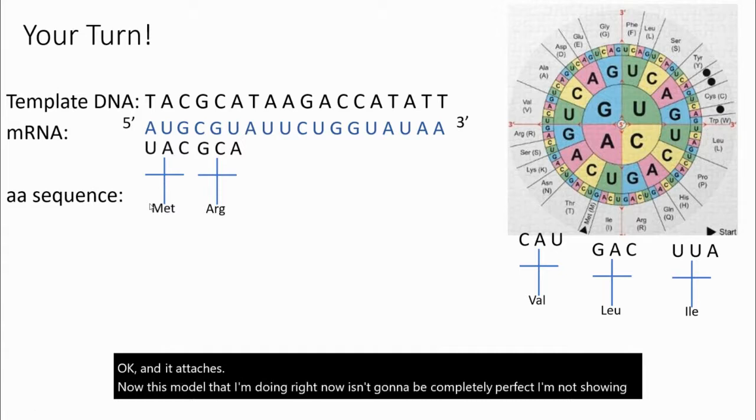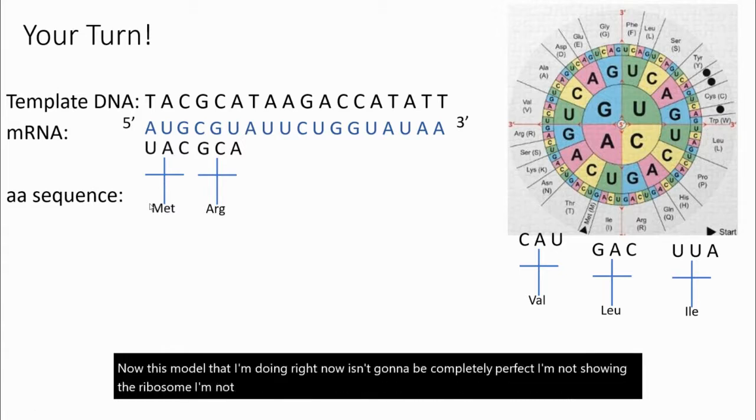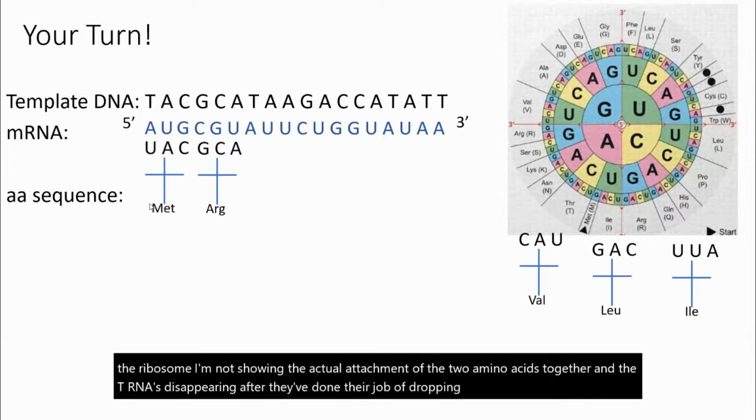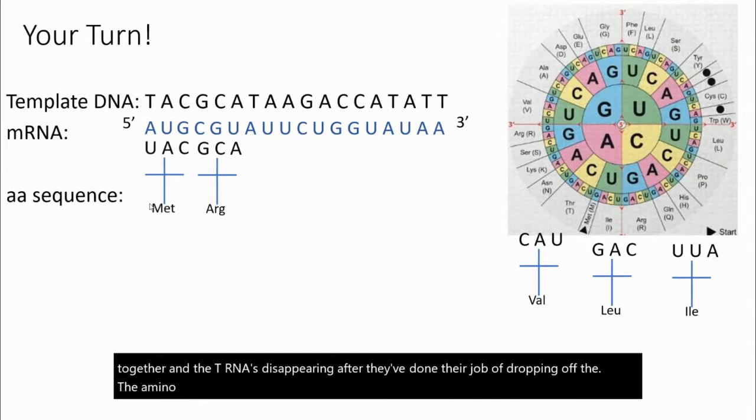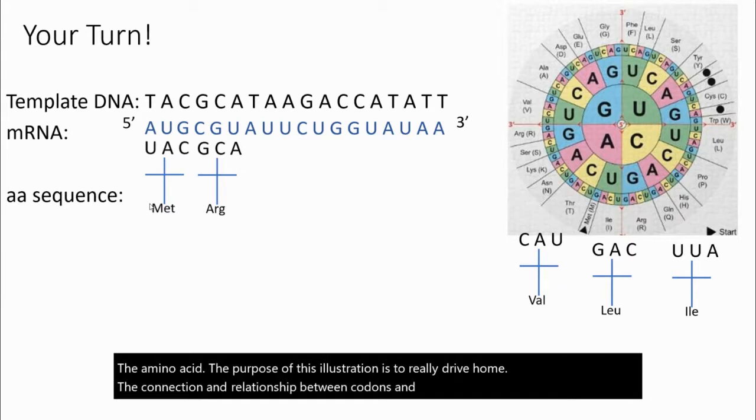I'm not showing the ribosome. I'm not showing the actual attachment of the two amino acids together and the tRNAs disappearing after they've done their job of dropping off the amino acid.